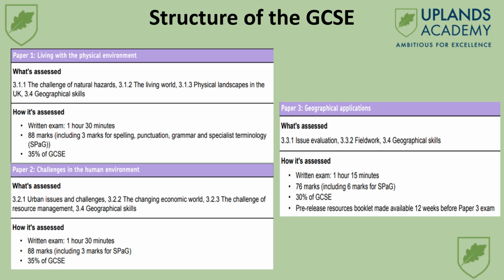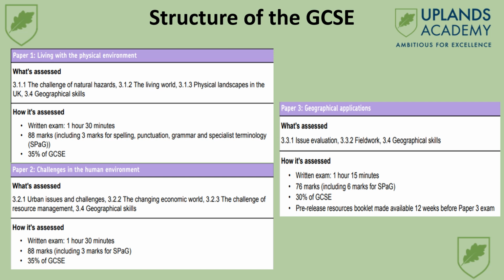Then we have paper 2, which are challenges in the human environment, and then paper 3, which is your geographical applications. Paper 1 and paper 2 are based around topics that we teach you within the lesson, whereas paper 3 works slightly differently. So paper 3 is 30% of the GCSE, so it's worth slightly less weighting than the other 2 papers.